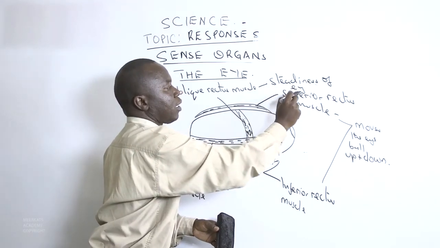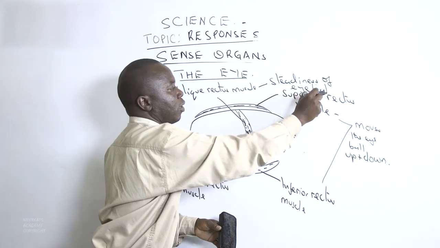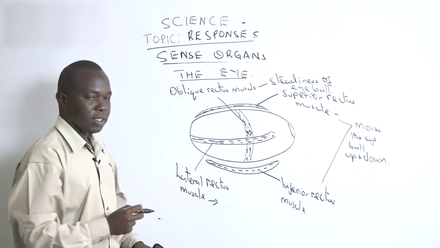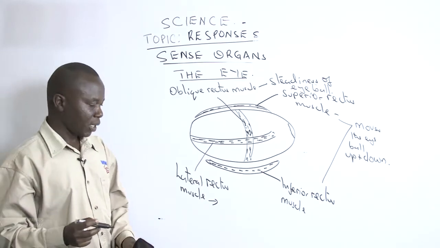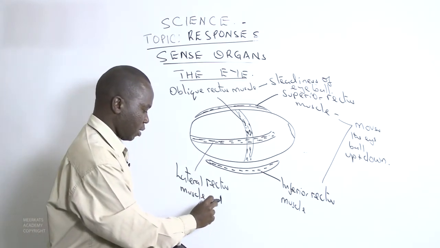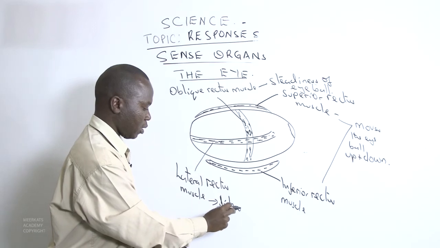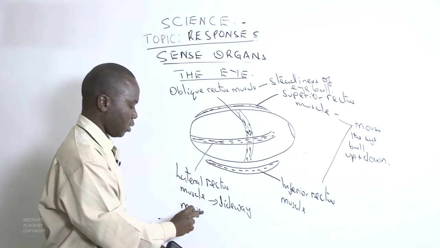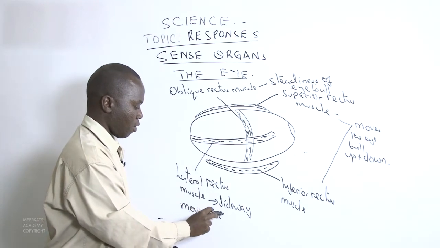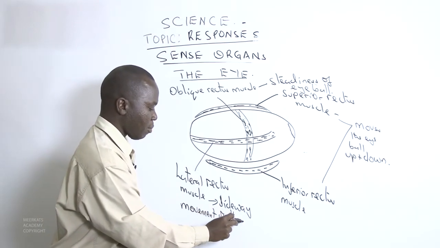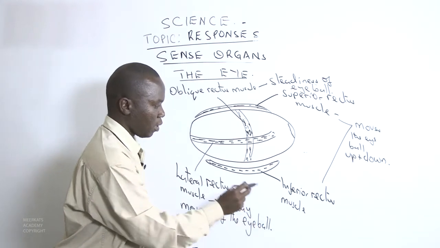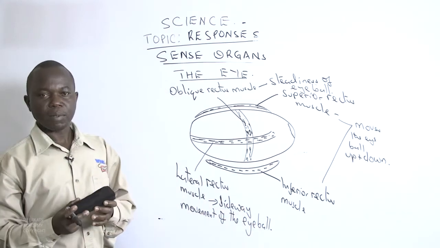So rectus muscles, we have said, are for sideways movement of the eyeball.